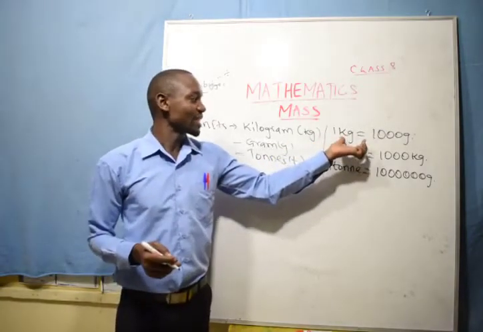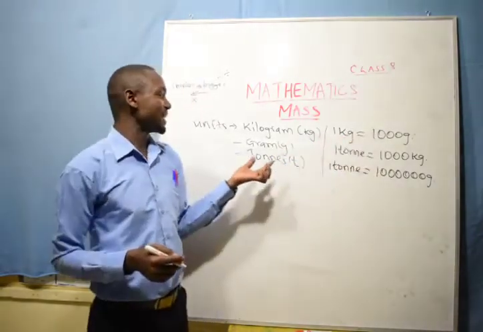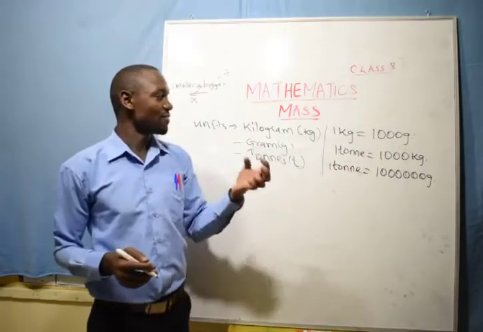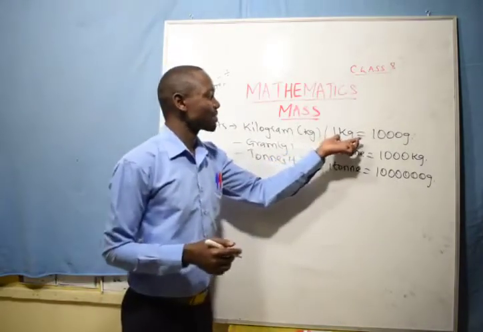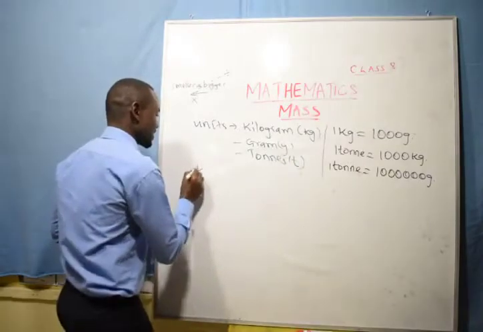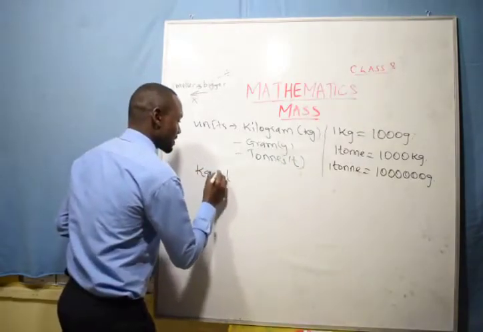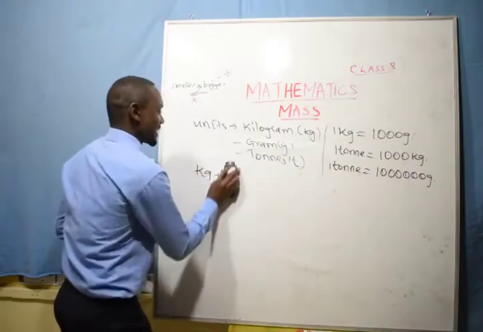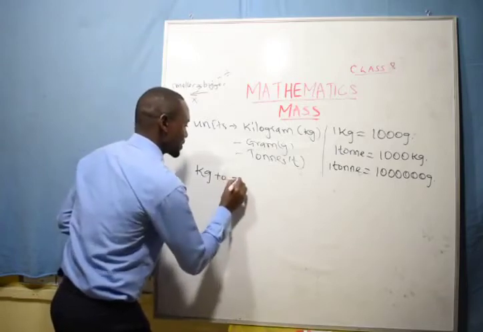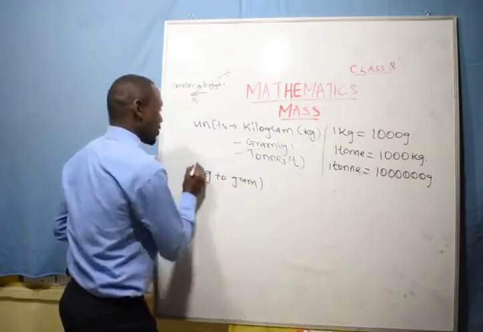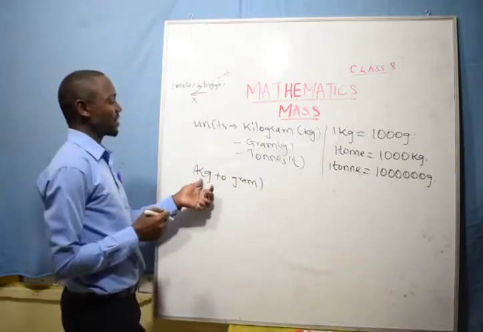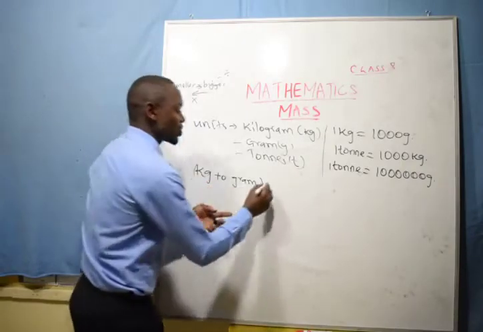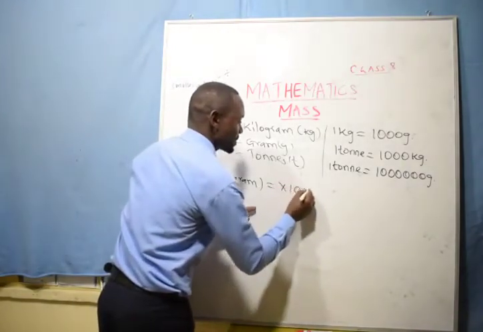Gram is the smallest unit of mass. So when converting kilograms to grams, we are converting from a larger unit to a smaller unit. So we multiply by 1,000.